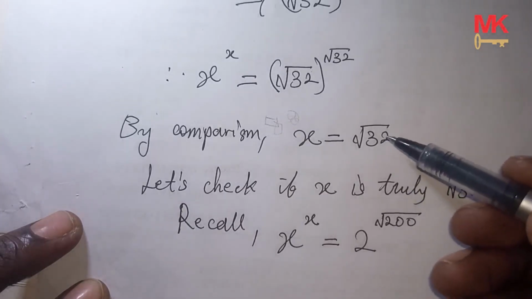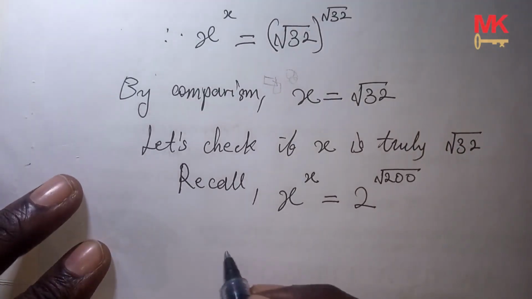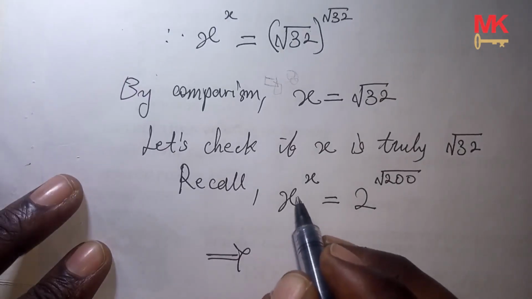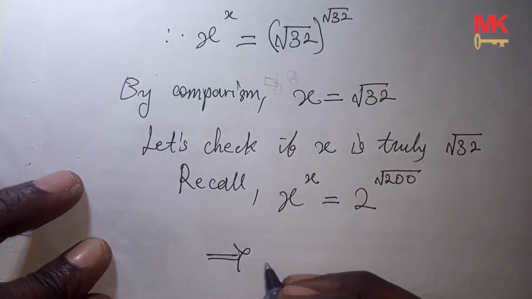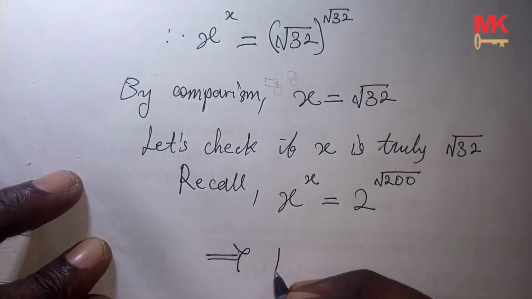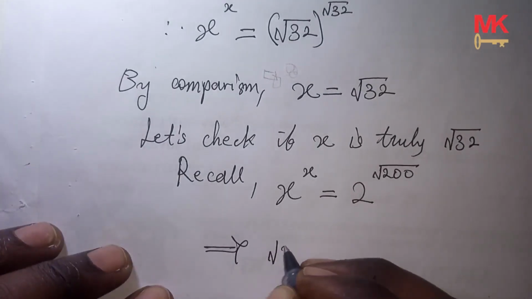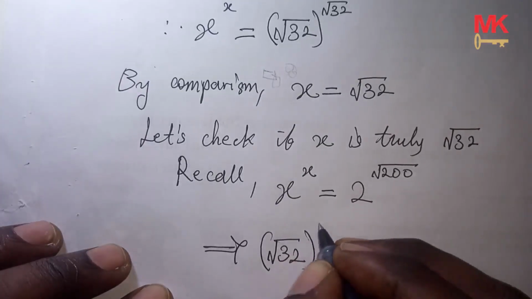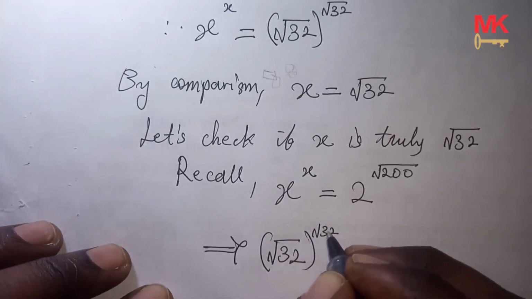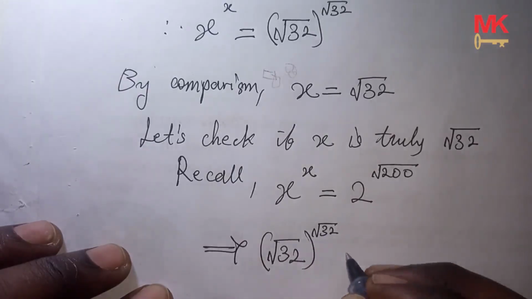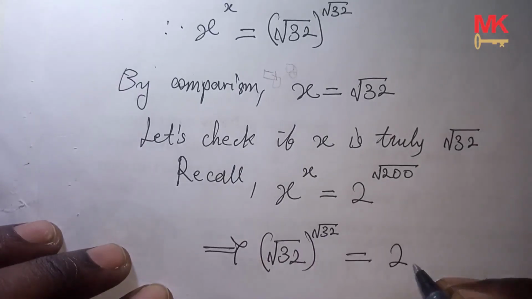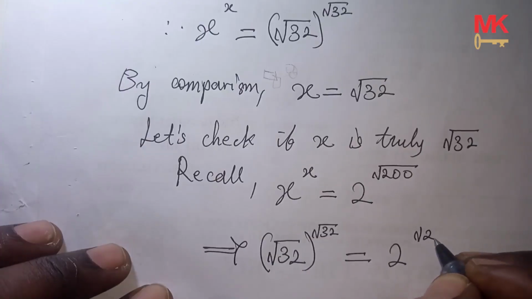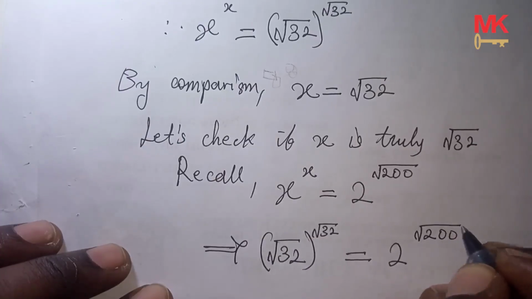So from what we have seen now, if x is actually root 32, the left-hand side becomes root 32 raised to power root 32, equals 2 raised to power root 200.